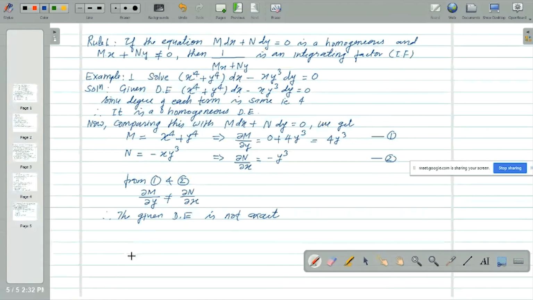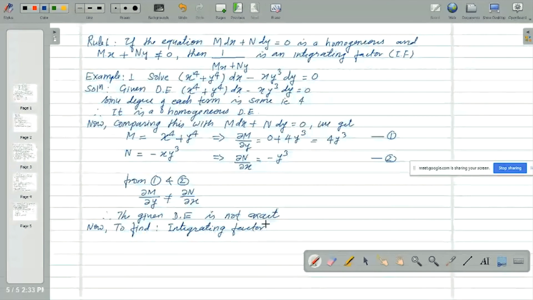Now to find the integrating factor. Let us find Mx plus Ny.